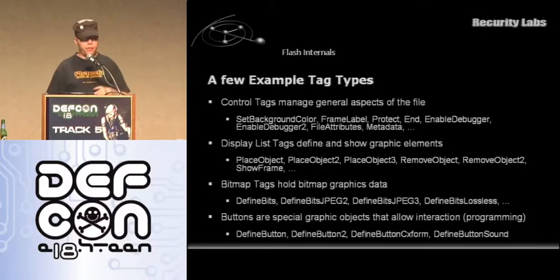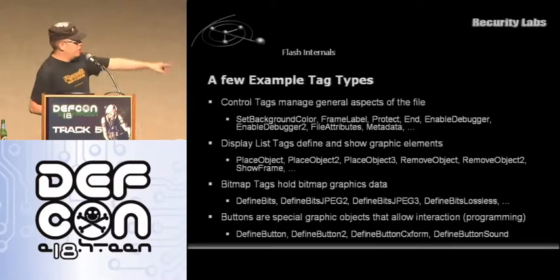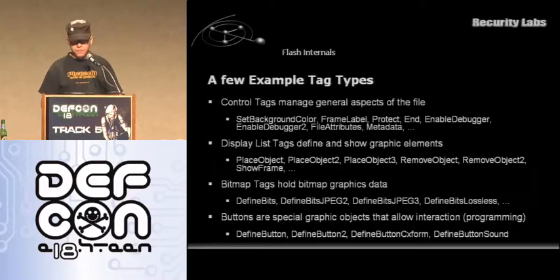Then you have things that display objects, and we're going to talk about these more later. You will notice that those tag types sometimes have numbers behind them. So PlaceObject and PlaceObject2 are two different tag types. PlaceObject2 actually doesn't place two objects as you would first assume, but it's their second attempt to get the data structure right.